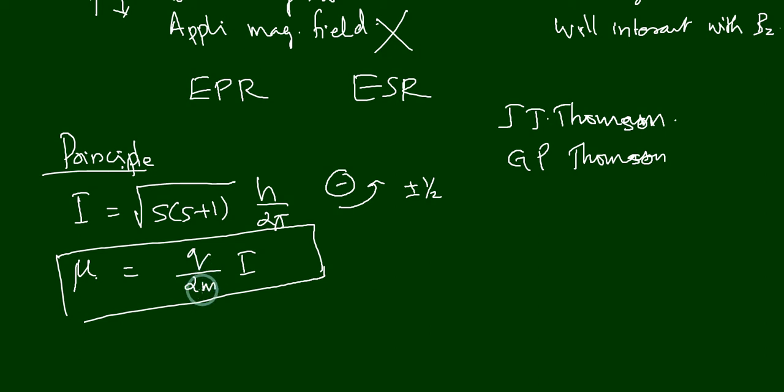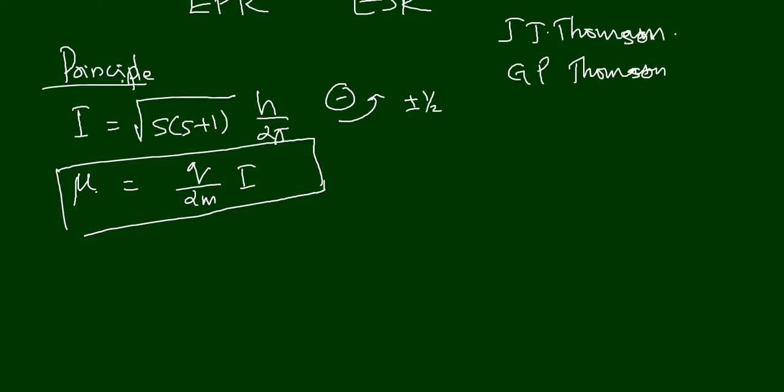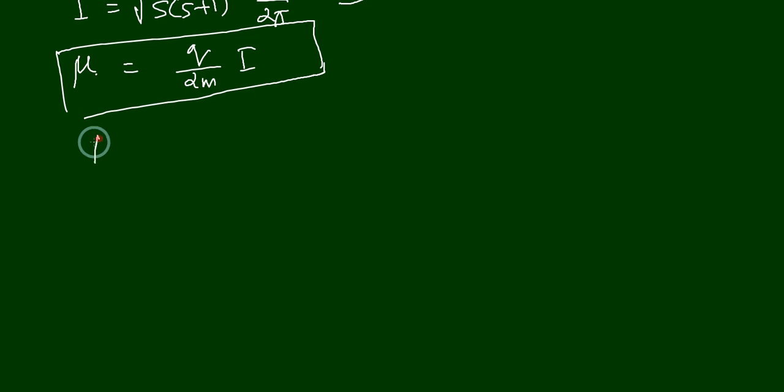Now we are going to apply the same equation for the electron. So the magnetic moment of the electron, we can call it mu e, is equal to q. In the case of the electron, q is equal to minus e, because the electron is a negatively charged particle, divided by 2me, where me is the mass of the electron, into I, the angular momentum.